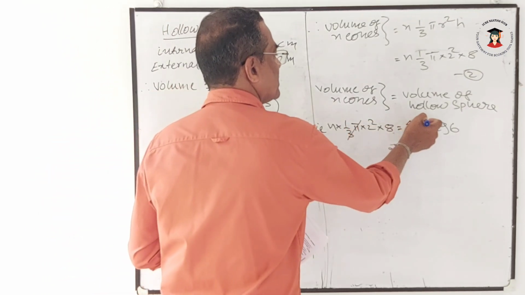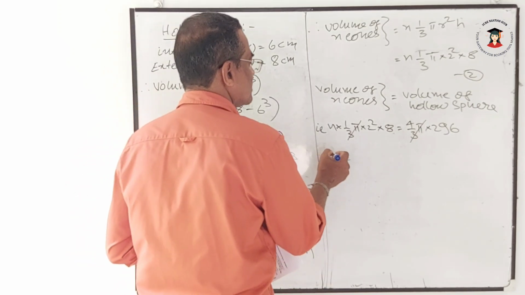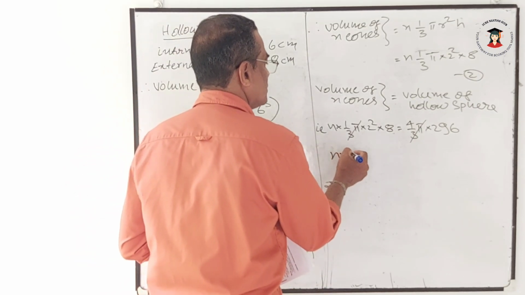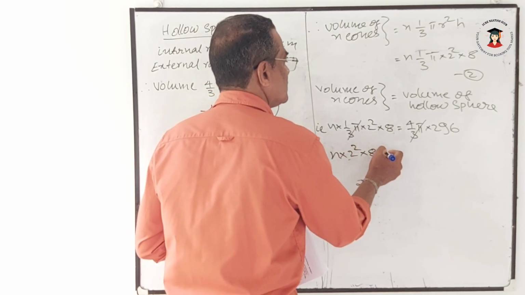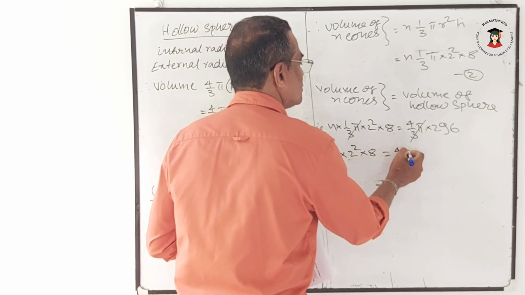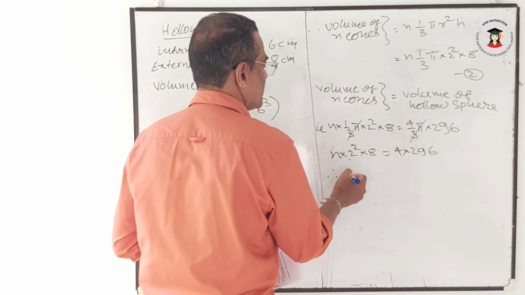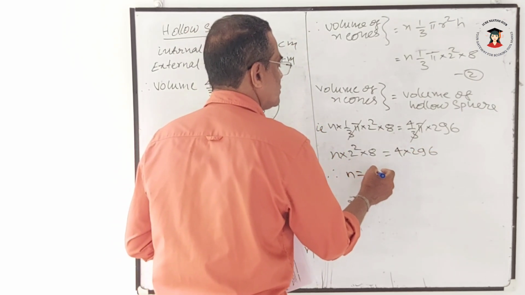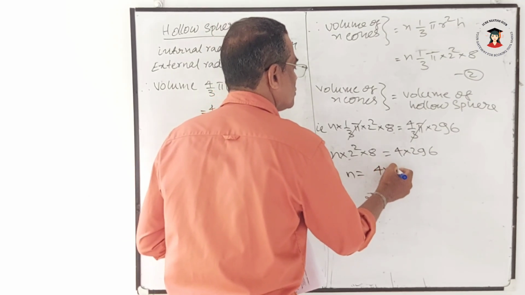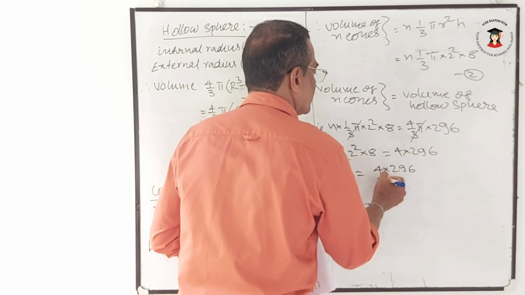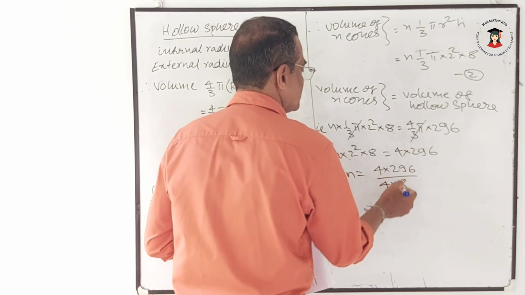Pi by 3 and pi by 3 can be cancelled. So remaining is n into 2 square into 8 equal to 4 into 296. Therefore, n equal to 4 into 296 divided by 2 square into 8.